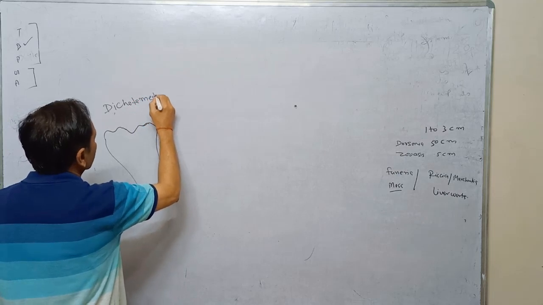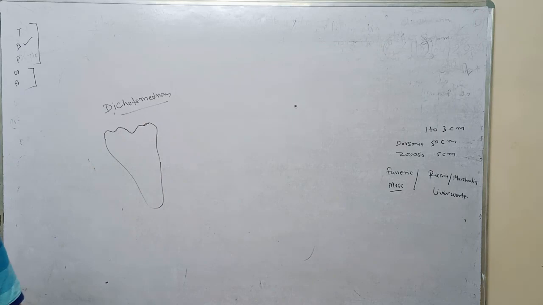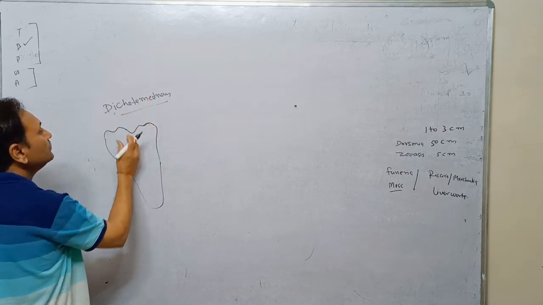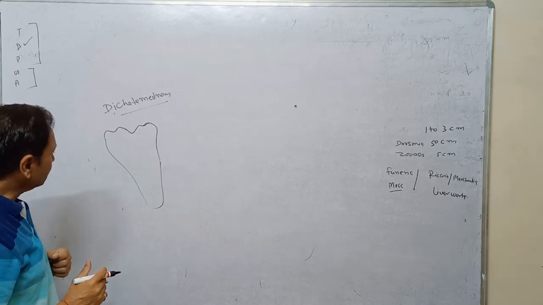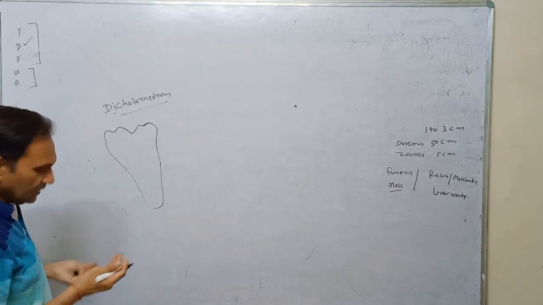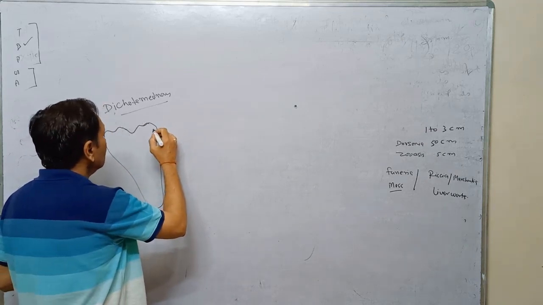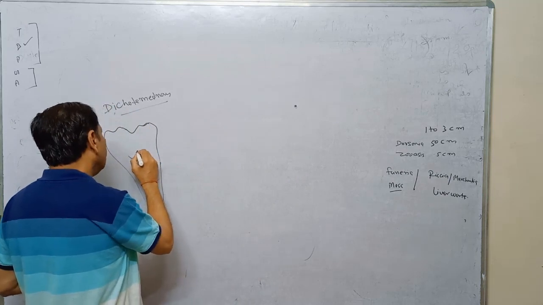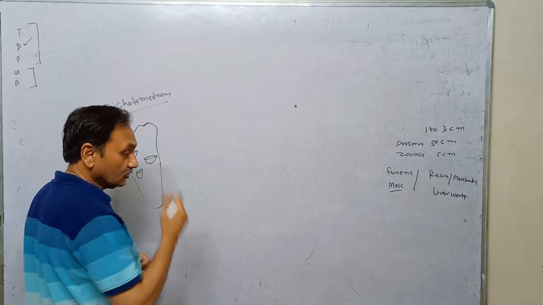What do you mean by dichotomous? It means always two. And if you see the structure, the dorsal and ventral part, then in the case of Marchantia there are gemma cups in the dorsal part.